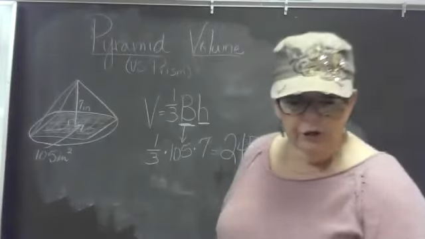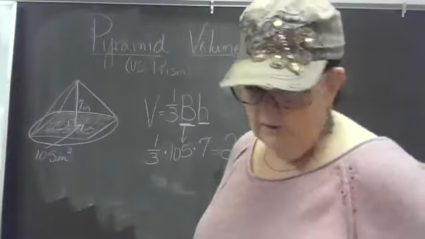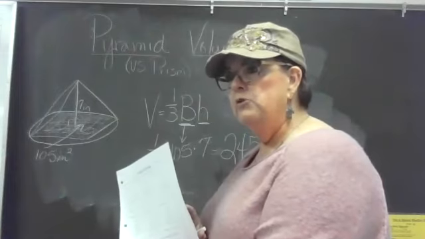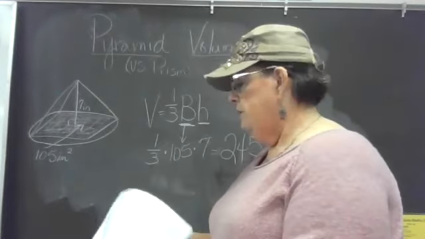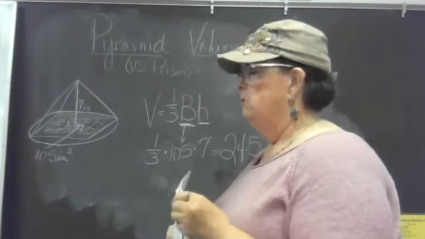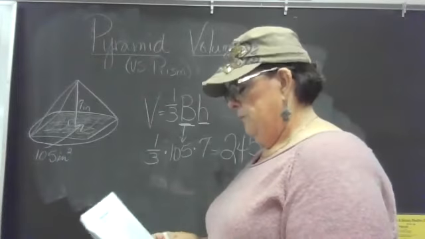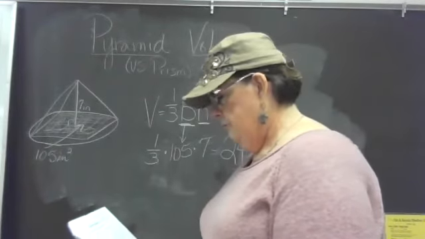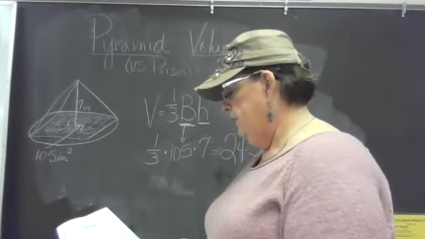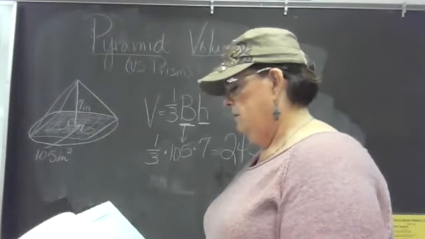Okay, so looking at page 1, you pretty much know what you're going to do there on page 1. It already gives you the area. Do not forget about the 1/3 on a pyramid. Okay, looking at page 2, same thing. It gives you the base area again.